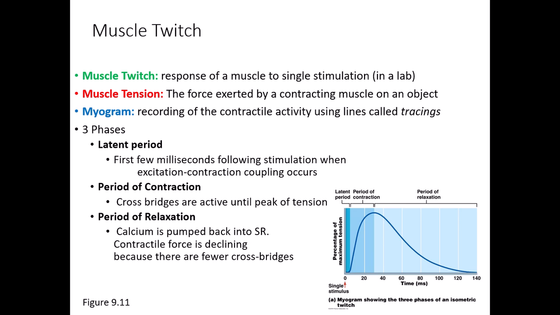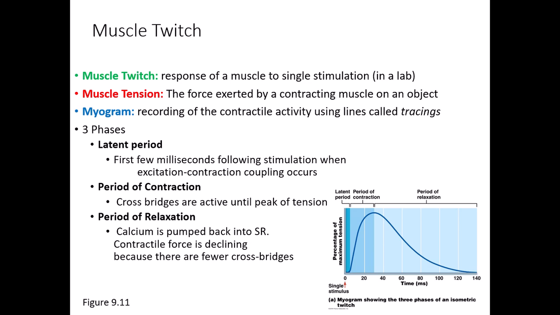And so contractile force is declining because remember what calcium does. Calcium binds to the troponin, causing the tropomyosin to shift, revealing the myosin binding sites on the actin. So without calcium, those myosin binding sites are not available, and fewer and fewer cross bridges are going to be able to form. And it's the cross bridges that create the sliding of the filaments and therefore the contraction.